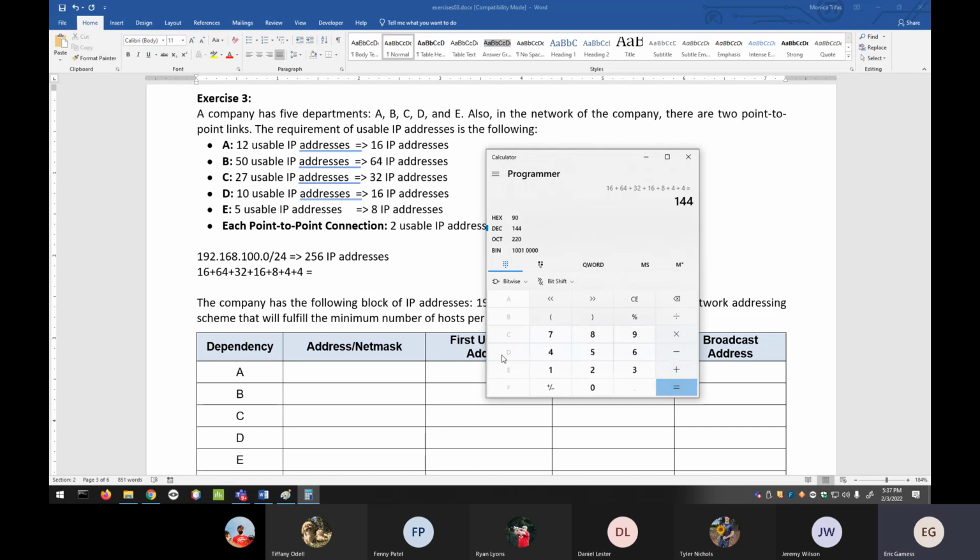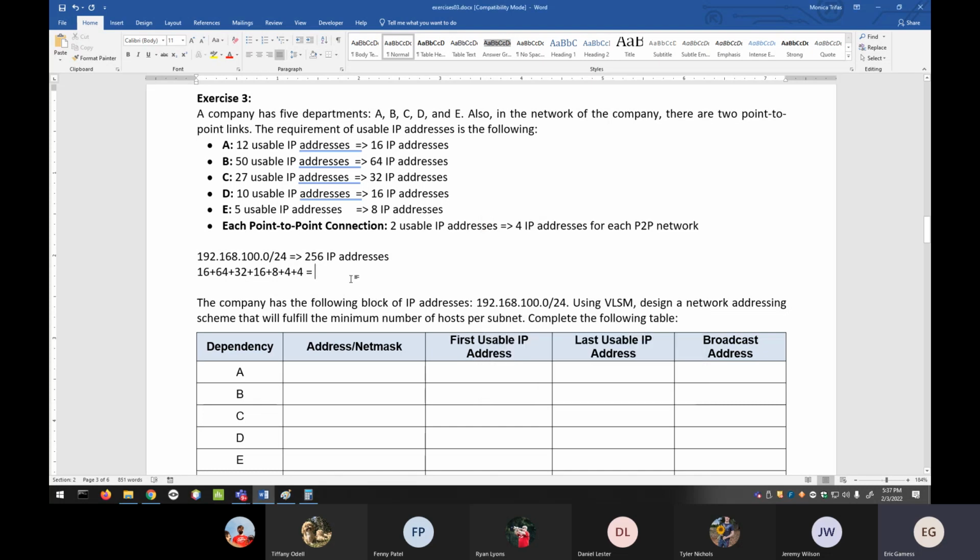We need a total of 144 IP addresses. Do we have them? Yes, we have them. We have more than that. So we will have IP addresses that we will not be using. Spare IP addresses just in case the company increases its size.